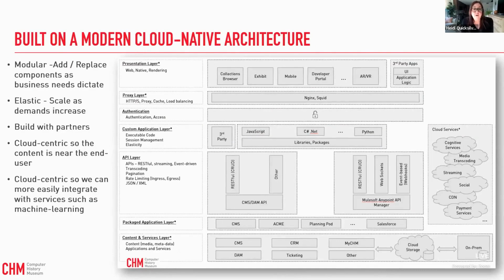So the key to all of this that we're looking at is building everything that we need in a modern cloud architecture. We are looking at our collections management, we are looking at our digital asset management, but beyond that, from a system architecture standpoint, we are looking at absolutely everything. We're looking at how all of our systems combine with each other and talk to each other and live together in a cloud native architecture, so that we can share what we learn and what we architect with the entire museum community.